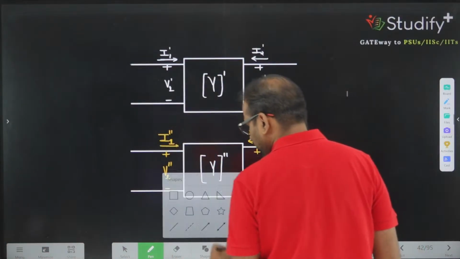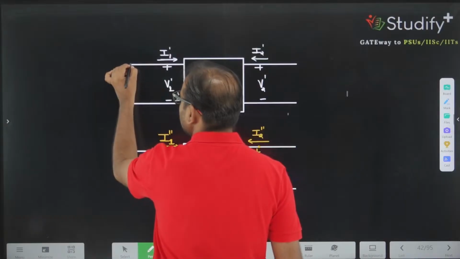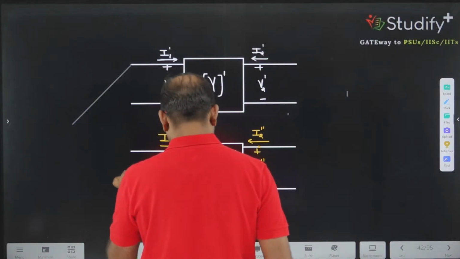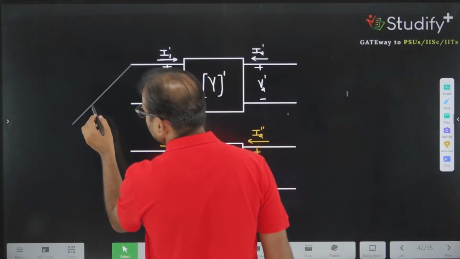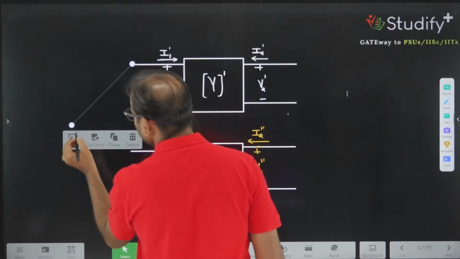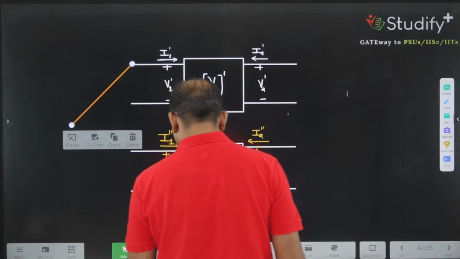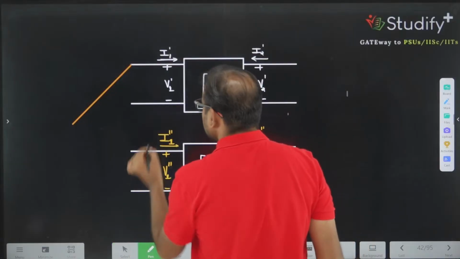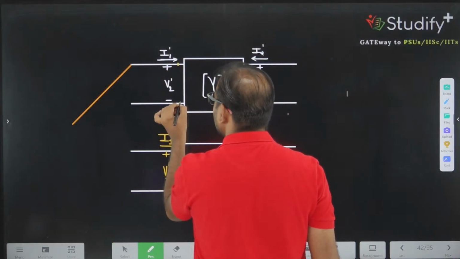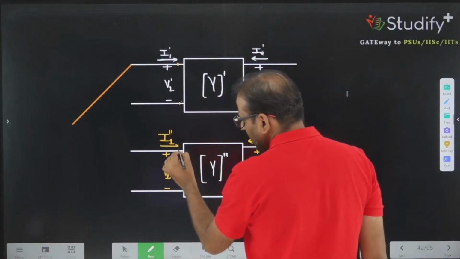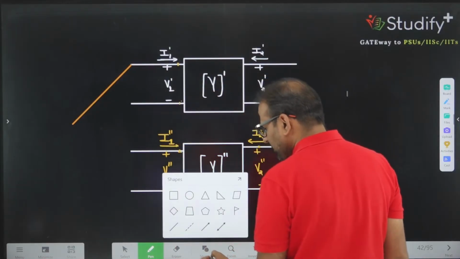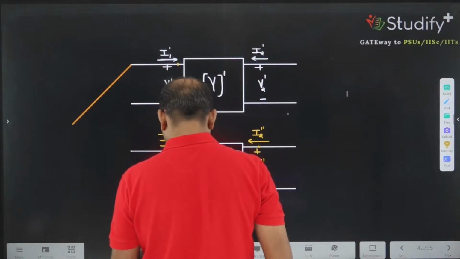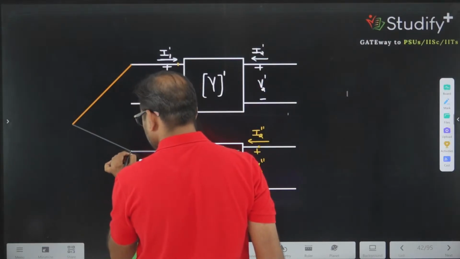Now let's make a connection. So for parallel connection, let's say this is first, the one terminal. Let's say this terminal is 1 and this is 1 prime terminal. So one terminal, and this is 2 and this is 2 prime terminal. So one terminal and 2 terminals are connected like this.